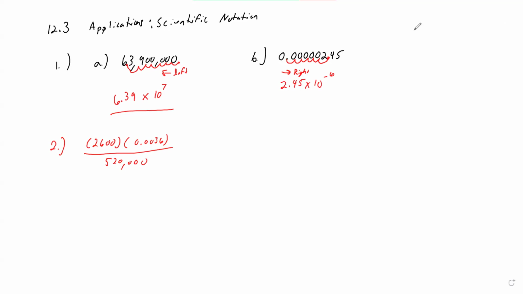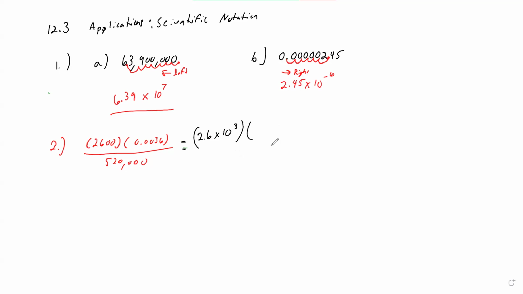But to show how to do this by hand, we're going to write all of this in scientific notation. So how would you write 2,600 in scientific notation? Perfect. So again, I would have to move that decimal 3 times.